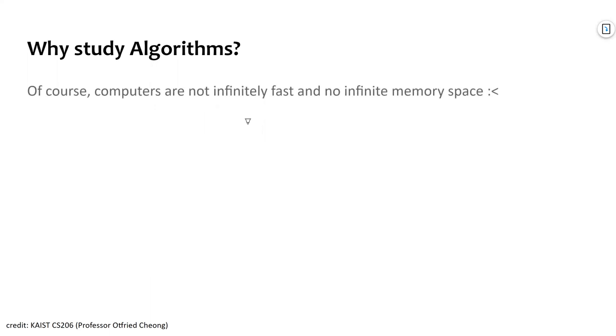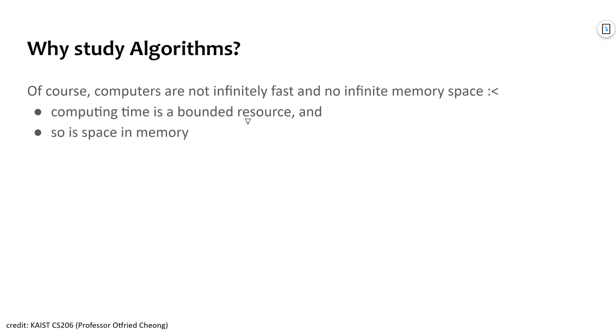Now, of course, computers are not infinitely fast and do not have infinite memory spaces. And computing time is a bounded resource. So is space in memory. And we need to use these resources wisely or efficiently. That is the goal of studying algorithm analysis.